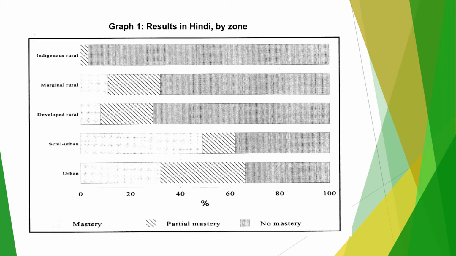And we have here grouped the results of all the students in these 5 zones who participated in the assessment tests, and we've made a distinction between those who master Hindi, which is in the very white color, those who have partial mastery of Hindi, and those who have no mastery of Hindi in the gray color.